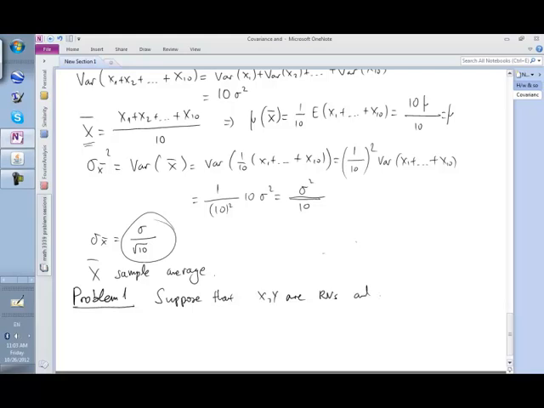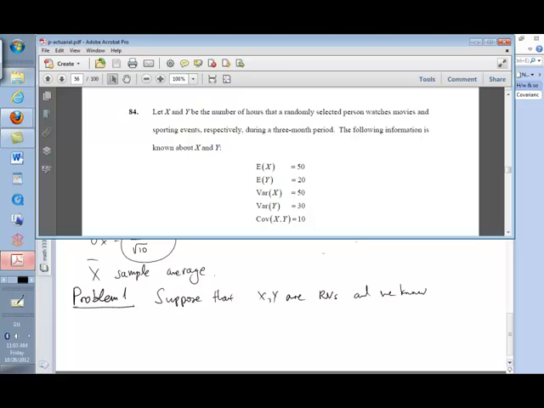And we know, let's say somebody gave us exactly this information: the mean value of x, the mean value of y, the variance of x and y, and the covariance of these two.